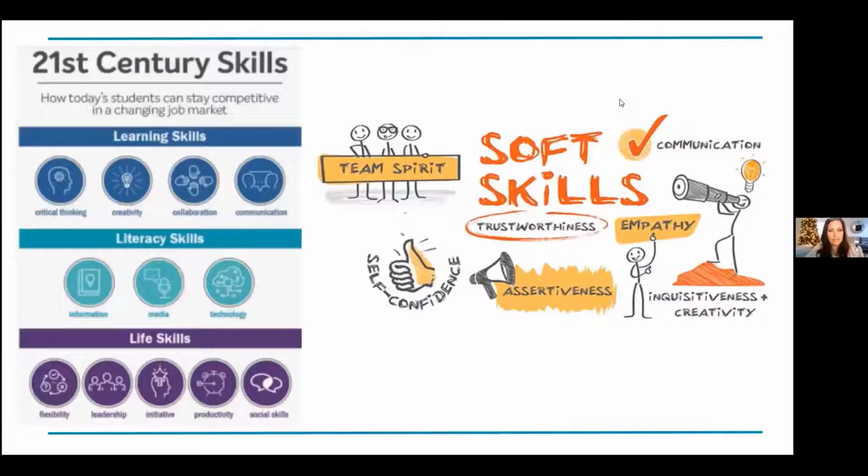When we're looking at those 21st century skills, the critical thinking and the creative piece, that collaboration, and that all goes along with the soft skills, with building empathy and that collaboration with the team spirit, communicating, all of those things are going to be integrated in what you see in the projects and things that I've done with my students.